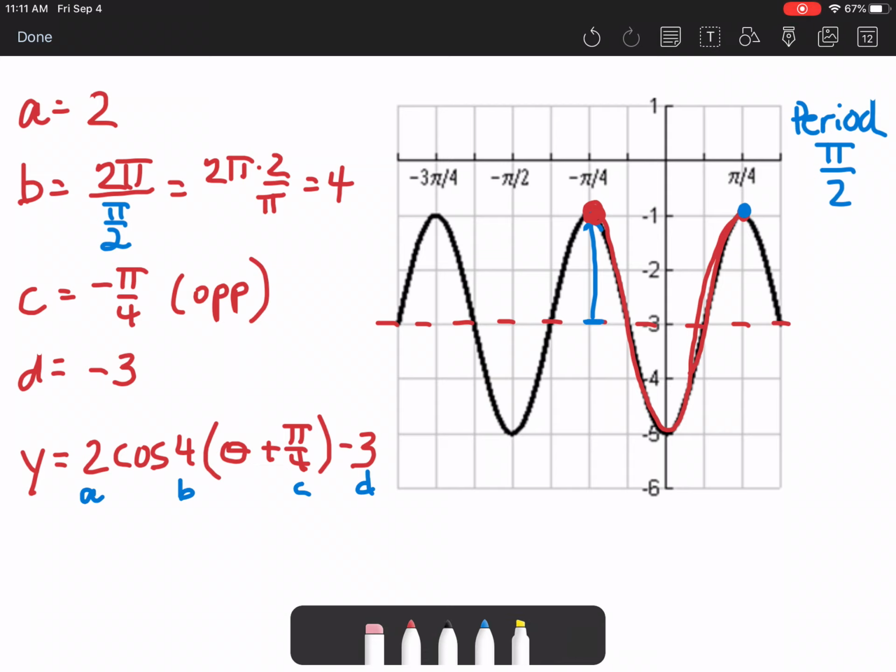Now, let's go back just real quick and talk about C, the phase shift. I could have started my graph at -3 pi/4, and I could have looked at this cosine curve here. Okay, perfectly acceptable. I could have said, you know what? I actually see one that is upside down. And so I could have said, I see this cosine curve here that goes from -pi/2 to 0.